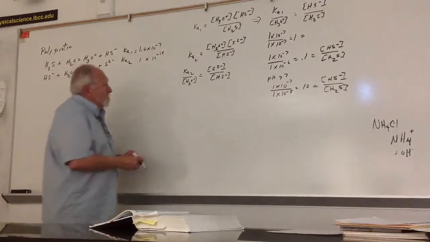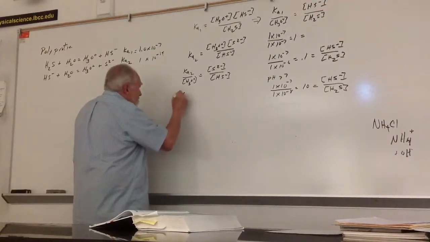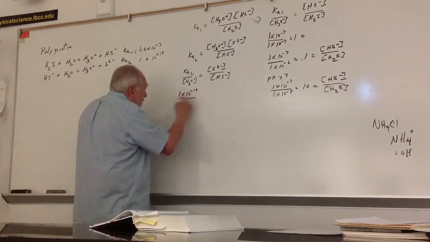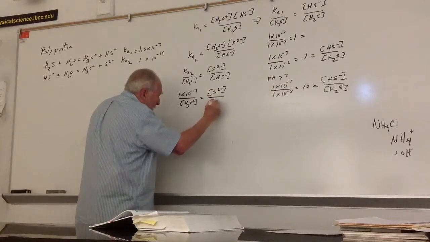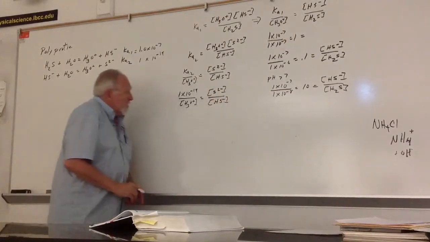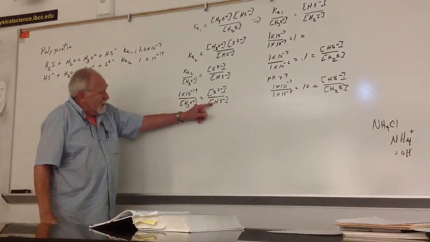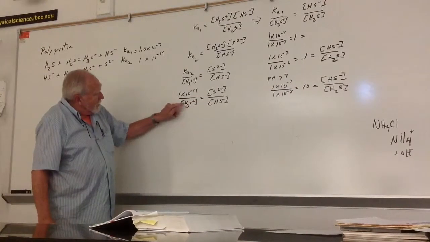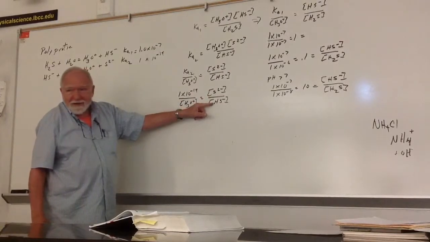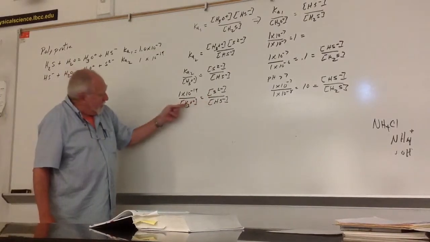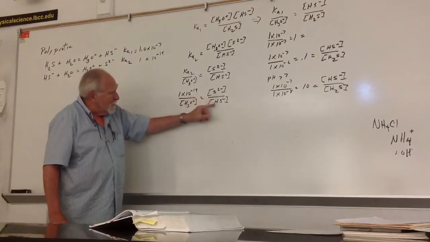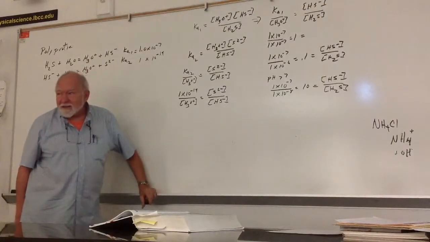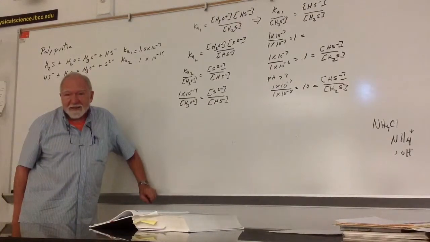So if this is 10 to the minus 19th, these two things are equal in concentration. So it has to be smaller than 10 to the minus 19th down here for the hydrogen ion to have more sulfide than HS minus. So you'll never have the S2 minus ion as the principal species.